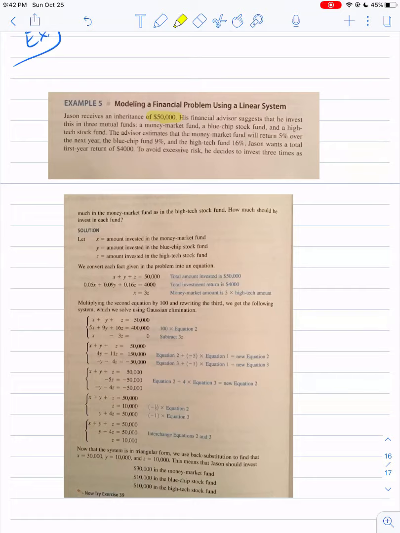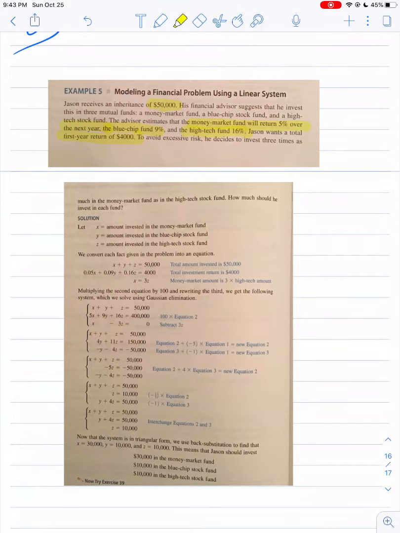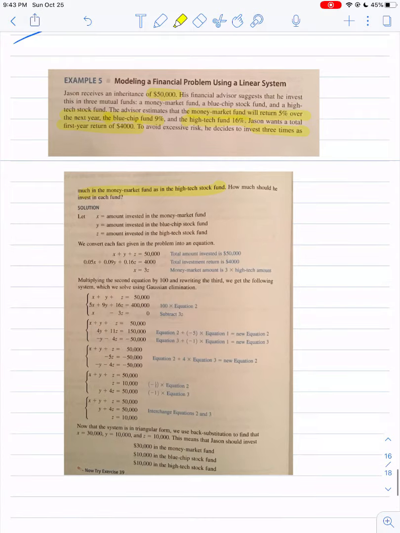The advisor estimates that the money market fund will return 5% over the next year, the blue chip fund 9%, and the high-tech fund 16%. Jason wants a total first-year return of $4,000. To avoid excessive risk, he decides to invest 3 times as much in the money market fund as the high-tech stock fund. How much should he invest in each fund?